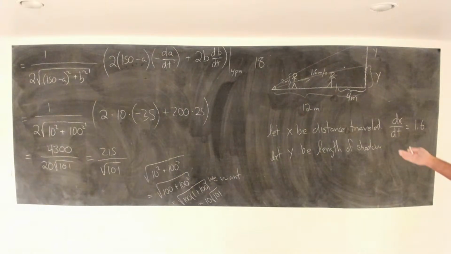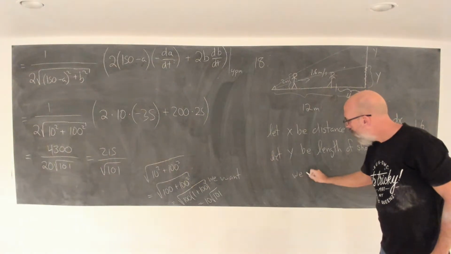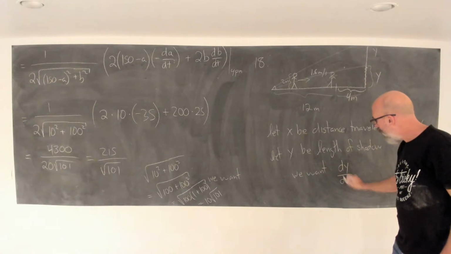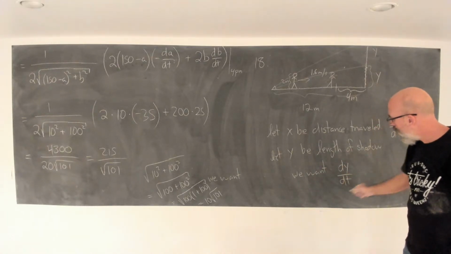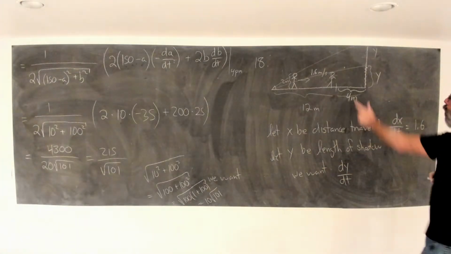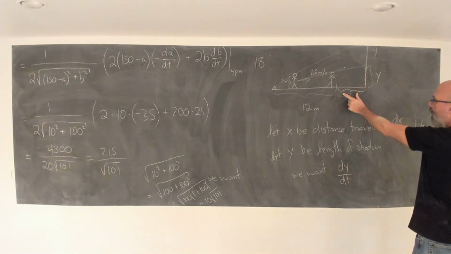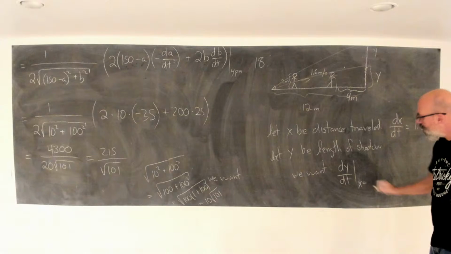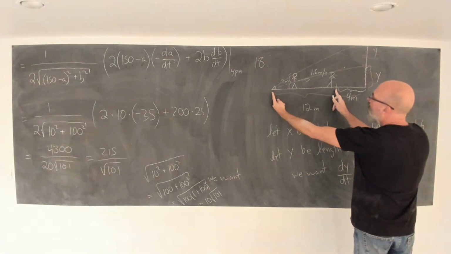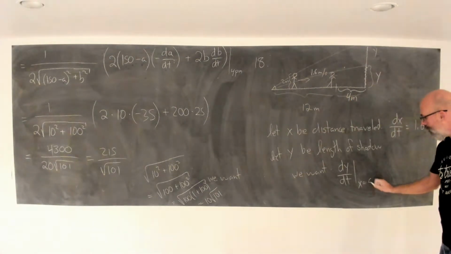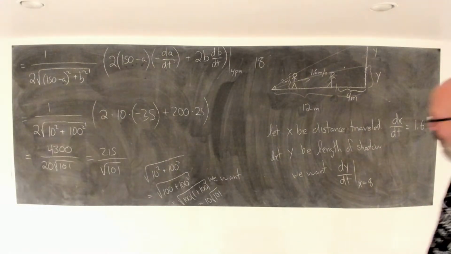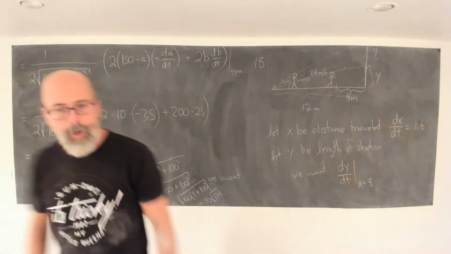What do we want? We want the rate of change of the shadow when the guy is 4 meters from the wall, so when x is 8. Right?